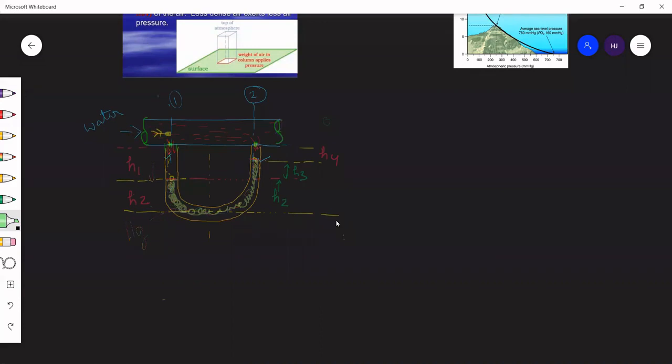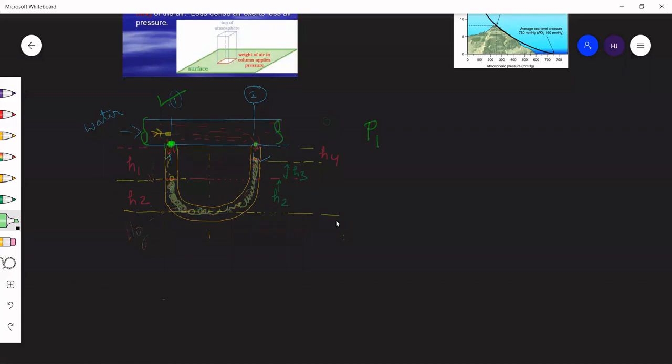I'm coming from this location, one location. So exactly I'm here. Let me travel the distance. First of all, when I'm here, what will be the pressure? At this point, my pressure will be P1.